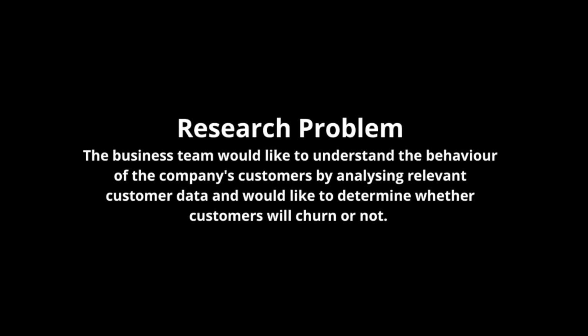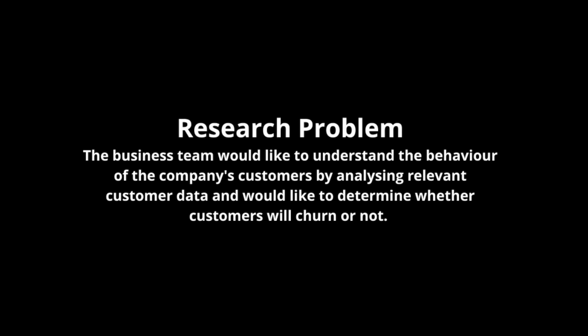So when a data scientist receives a research problem, they first focus on understanding the project objectives from a business perspective. Then they later formulate a data science problem that achieves that particular project objective. To give you an example, a data scientist working for a telco might receive the following research problem.